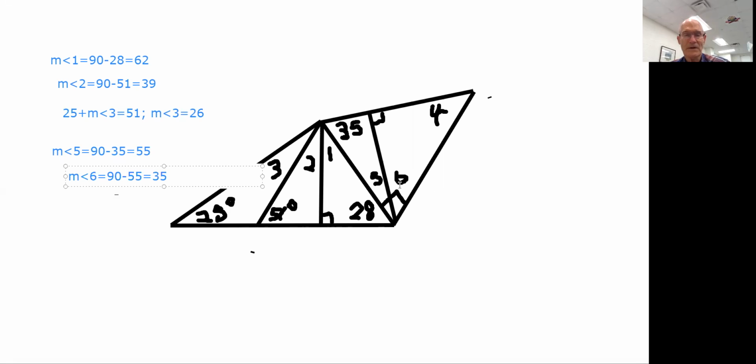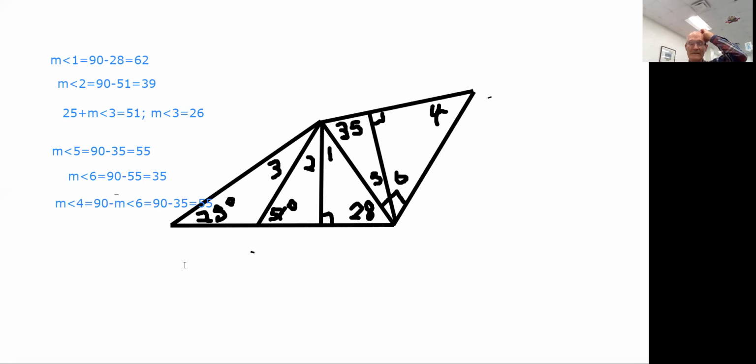And then I can go up here and say that the measure of angle 4 is equal to 90 minus the measure of angle 6, which is 90 minus 35, which is equal to 55.